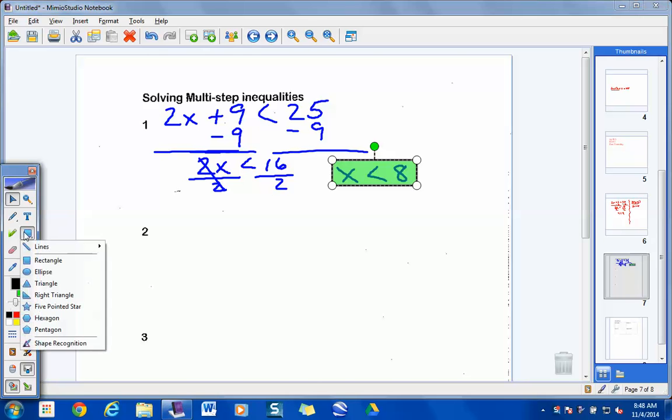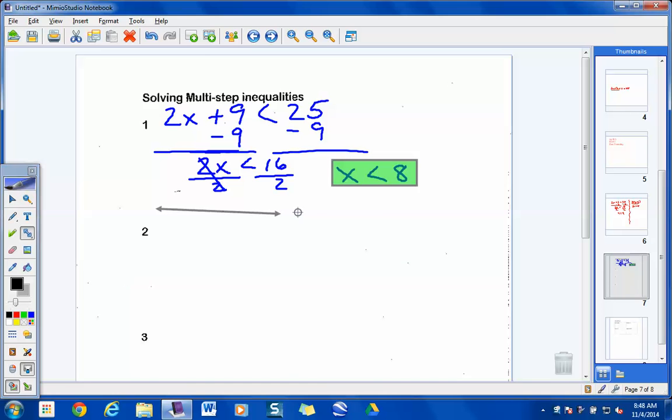Well, if I had a number line that looked like this, if this was my number line, okay, I'd reference 8. Would you be open or closed on 8, gang? Open. Okay. Give me a number that's going to work in this solution, x less than 8. 2.